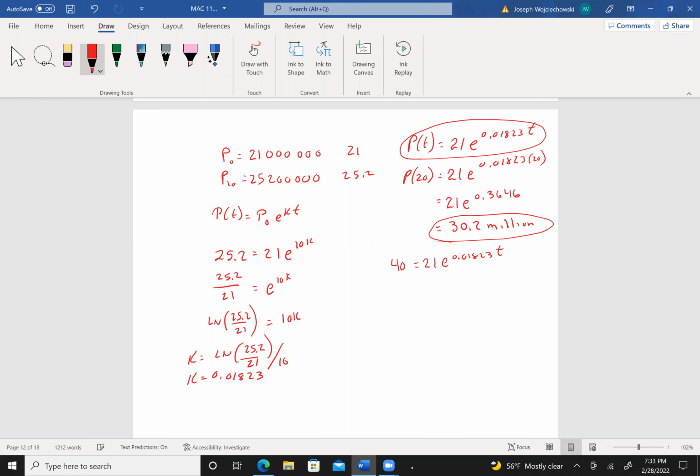Divide both sides by 21. 40 over 21 equals e to the 0.01823 t. Take the natural log of both sides. And we get 0.01823 t. Then divide. So we have the natural log of 40 divided by 21, all over 0.01823, equals t.